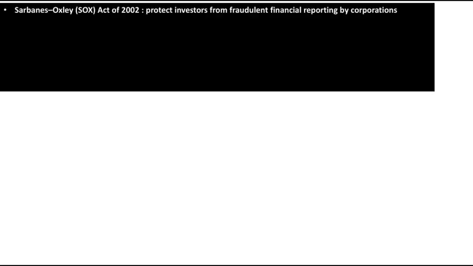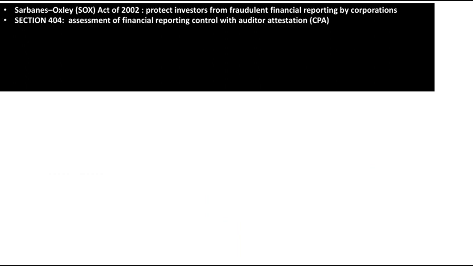Now, in 2002, the Sarbanes-Oxley Act was enforced to protect the investors from fraudulent financial reporting by the corporations in which they invested their money.